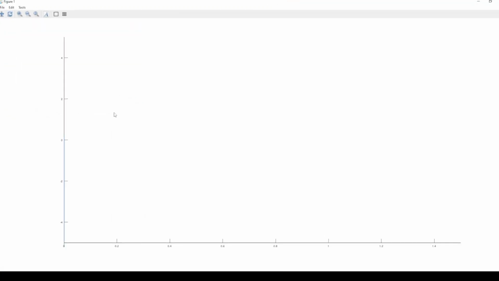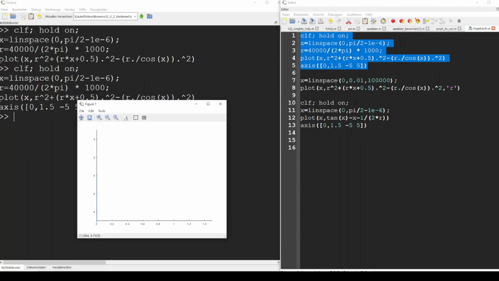And now we see something, but what do we see? We see here, it's a straight line here, very, very strange. You can think a long time about that, but the answer is use a much higher resolution and plot only on a very narrow part of the interval, not 0 to 1.5, but 0.01.